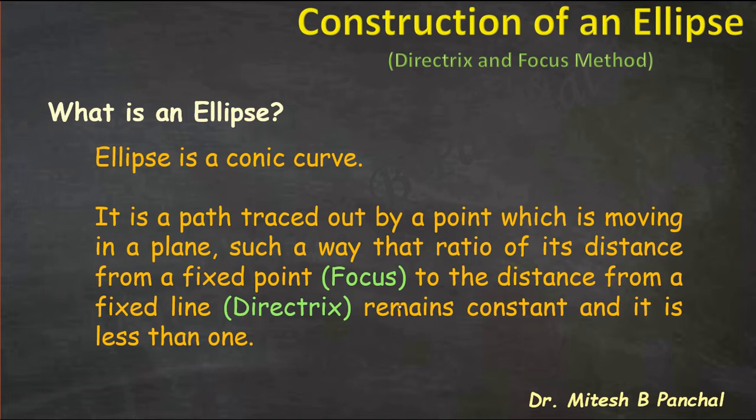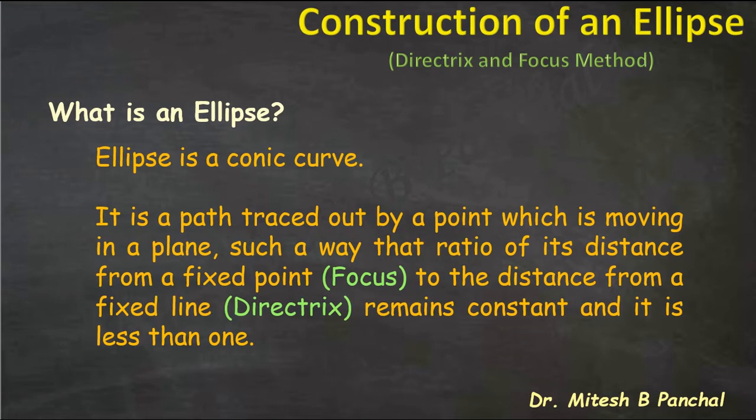Okay. So here the ratio of the distance of a point from the fixed point to the distance from the fixed line, that is the directrix, is nothing but the eccentricity, and that eccentricity is less than 1 for an ellipse.